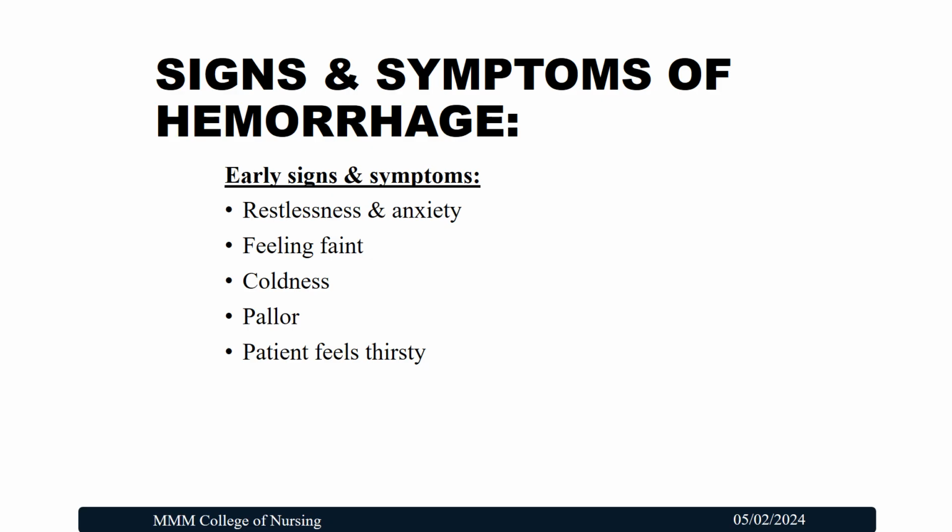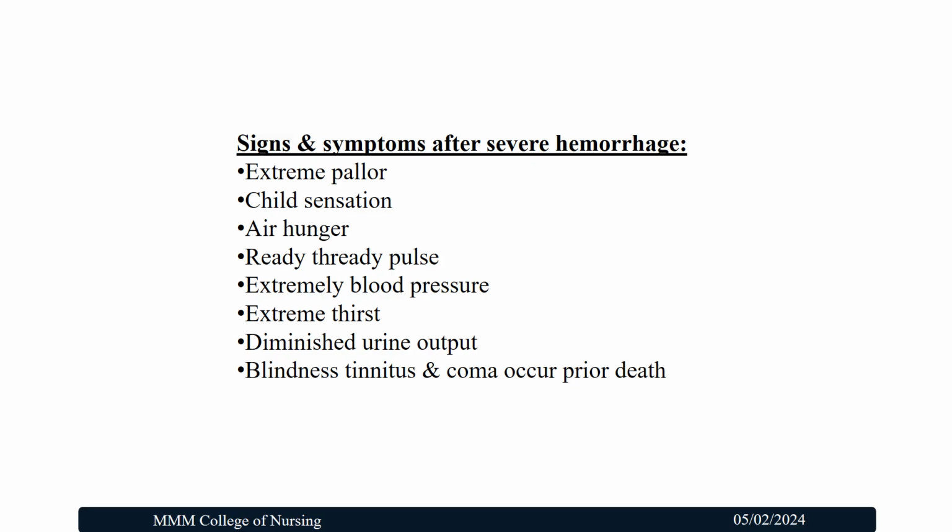These are the signs and symptoms of hemorrhage. So at the earlier stage, there will be signs and symptoms like restlessness and anxiety, feeling faint, coldness, pallor, and the patient feels thirsty. And when there is a severe hemorrhage, what are the signs and symptoms that can be noted?